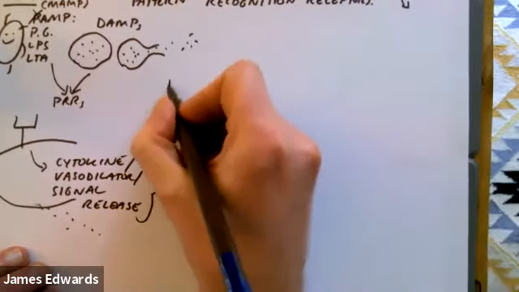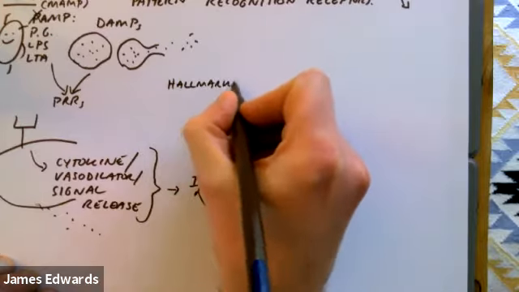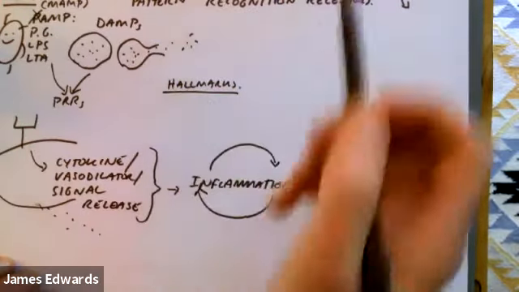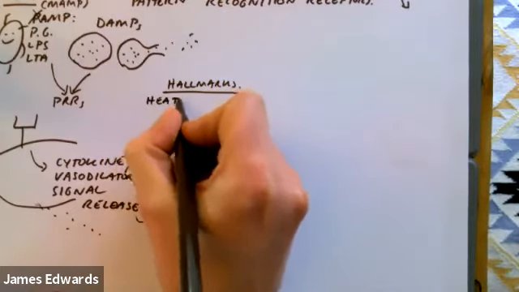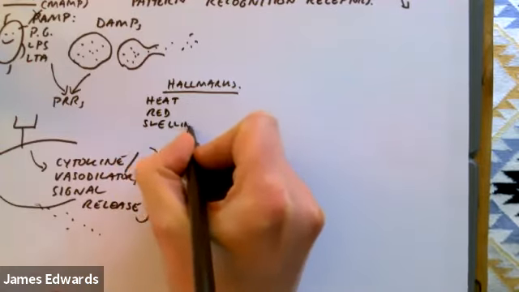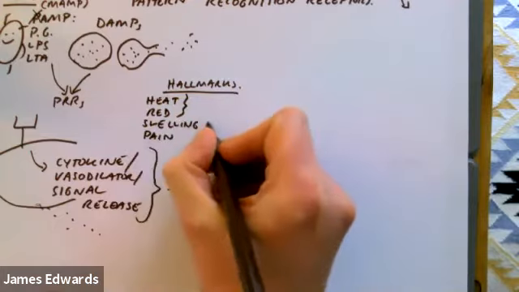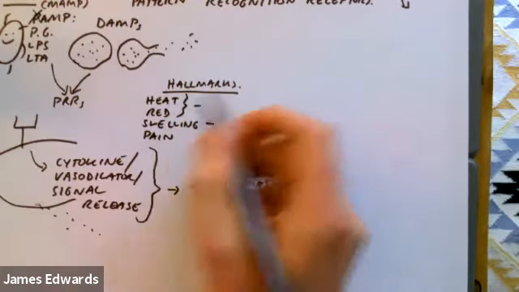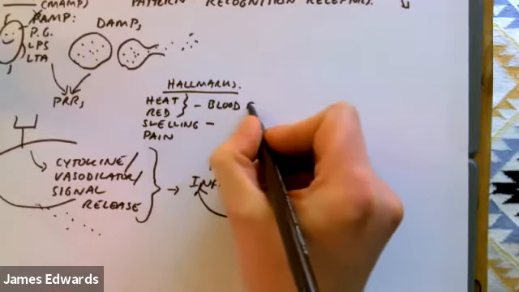Let's think a little bit about some of those hallmarks. These came up before, and some of the ones mentioned were exactly right. You'll get heat, redness, swelling, pain, and of course these reflect the underlying pathology. Blood flow goes up.